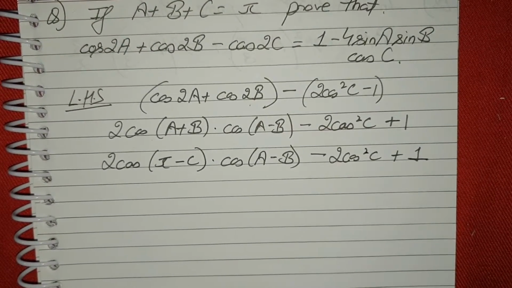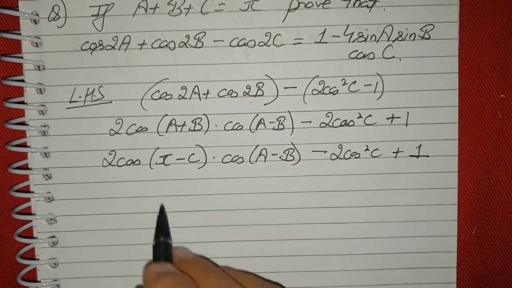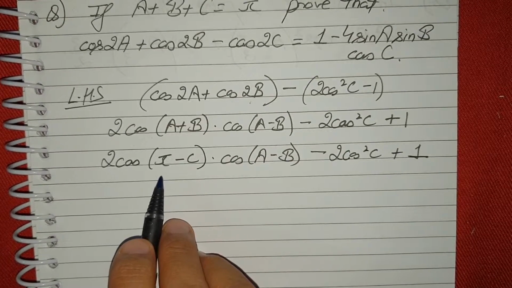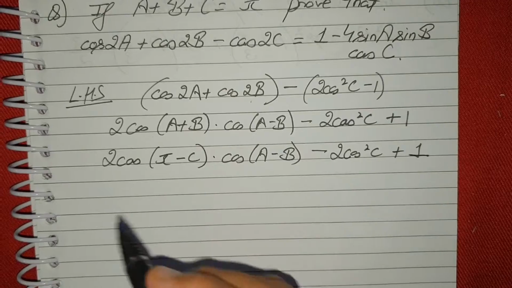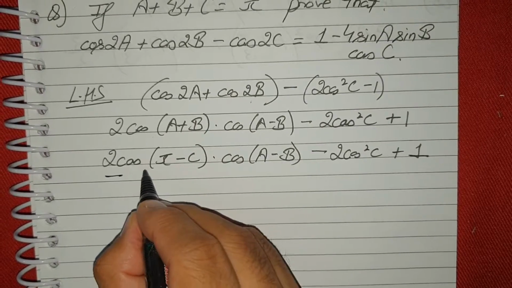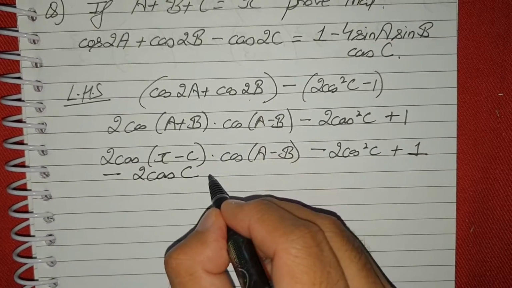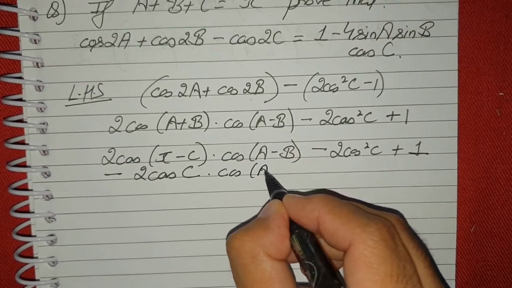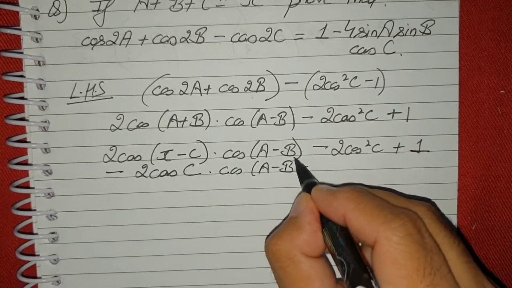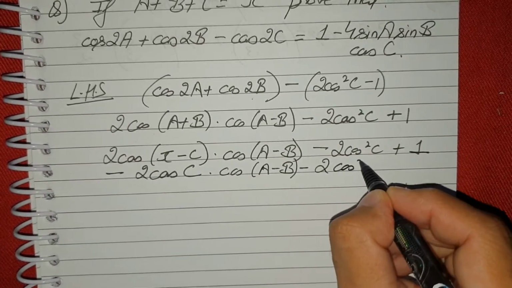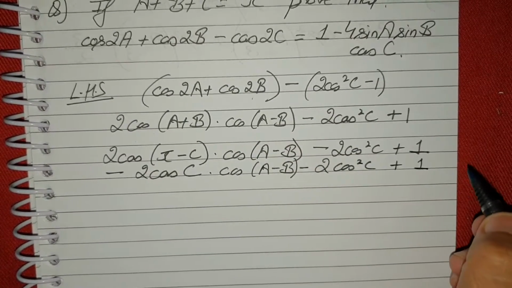Now 2 cos (pi minus C): since it's pi it will remain cos only, and that will be negative because it is in the second quadrant. So you have minus 2 cos C into cos (A minus B) minus 2 cos square C plus 1.